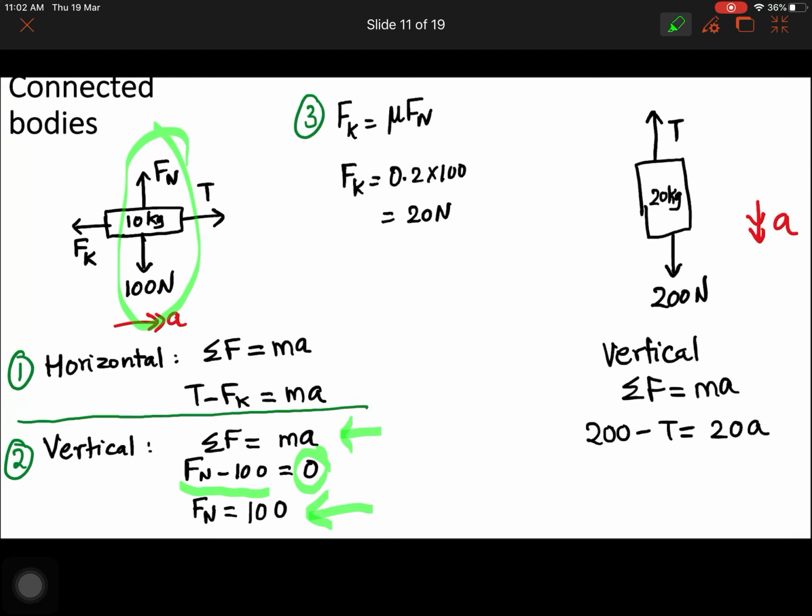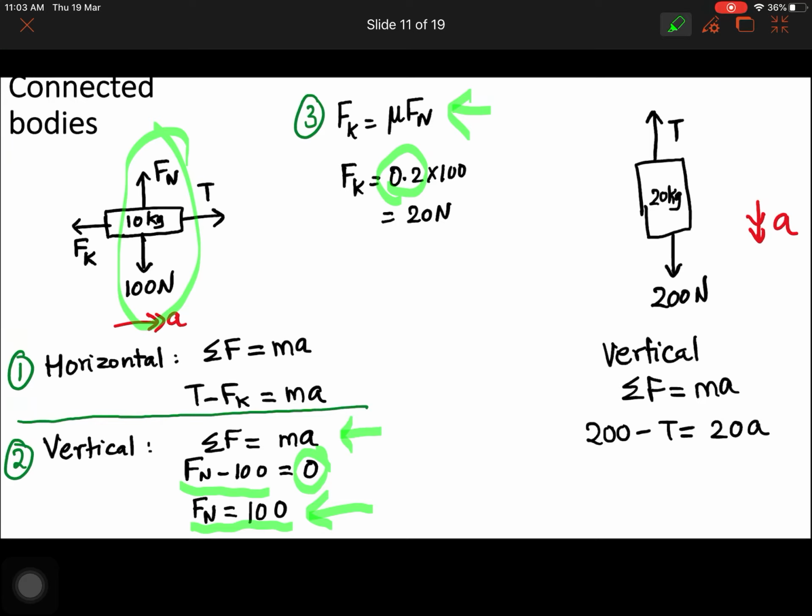We will also apply the formula for friction, because if you remember, the 10 kg mass was kept on a rough horizontal surface. So for friction we have the formula mu Fn. Mu was given in the problem, which is 0.2. Fn we calculated just now, Fn is 100.